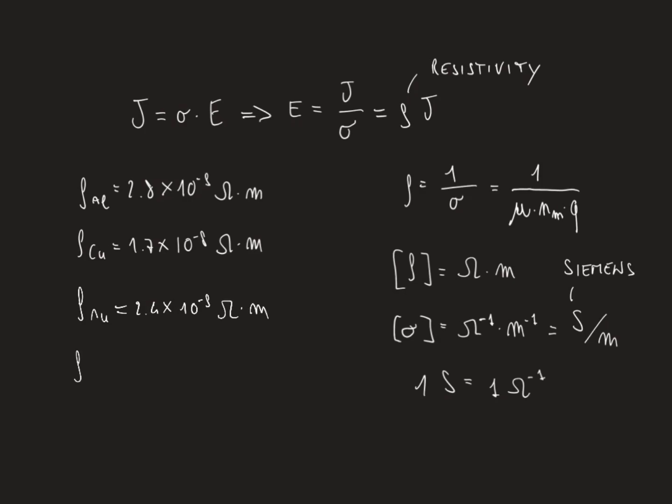And the resistivity in silicon, which by the way is not a metal like aluminum, copper, and gold, but is a semiconductor, is equal to 6.4 times 10 to the second power ohm per meter. As you can see, the resistivity in silicon is much, much larger than the resistivity in metals.